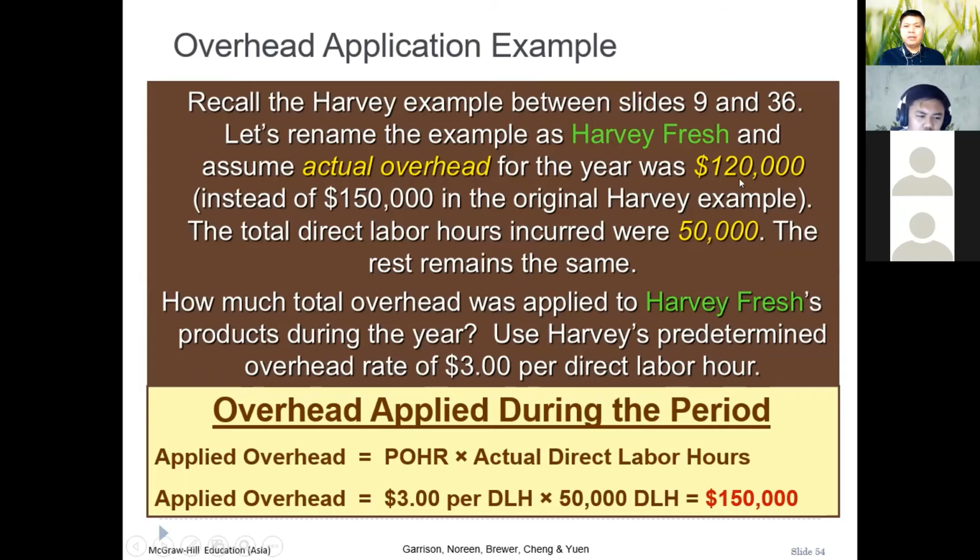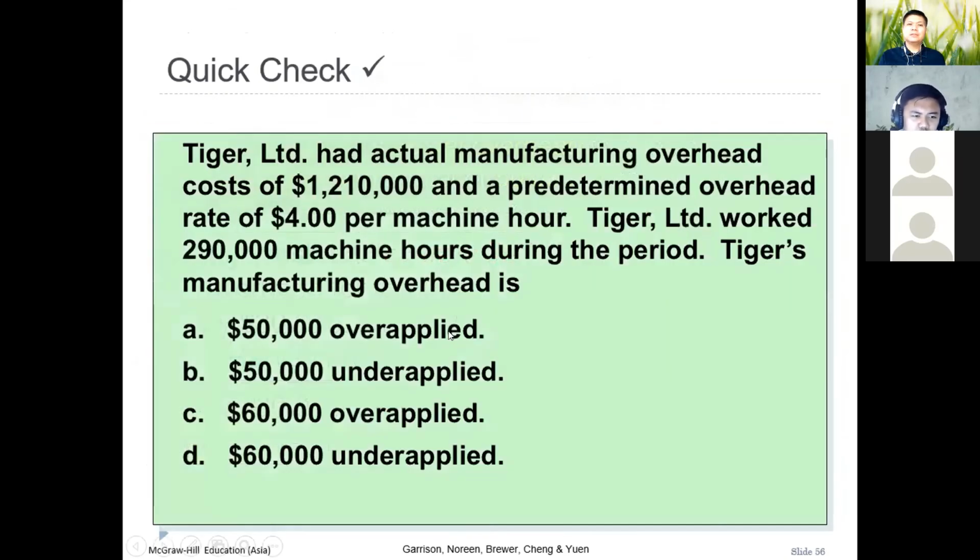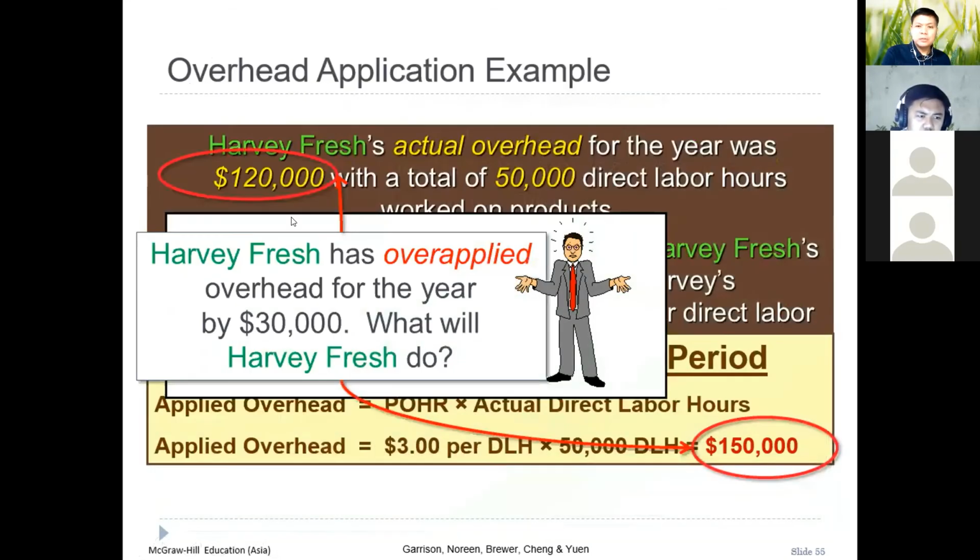If we're comparing 120, over-applied. Ayan, nag-over-apply ka. Okay. Harvey Fresh has an over-applied overhead for the year by 30,000. Ano daw ang dapat gawin, no?